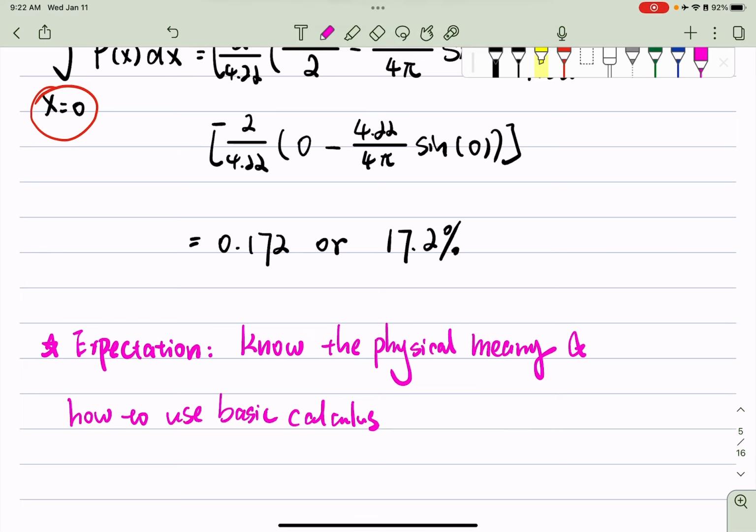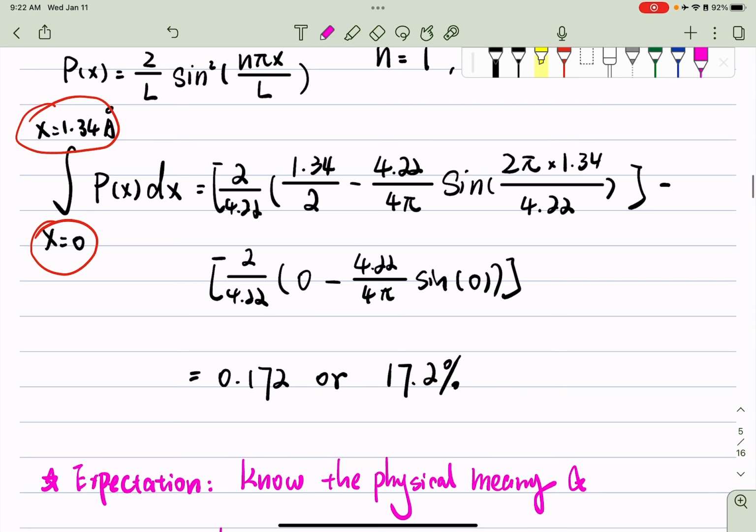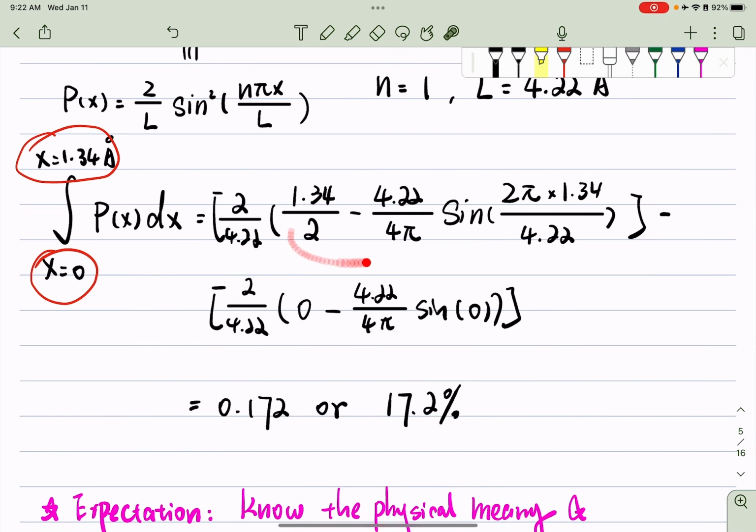Okay, yes? Do you have to take into account that L is 4.22 angstrom? Yes, so here is the thing. What you didn't see is that in this equation we're also integrating against x. So everything is in angstrom, and x is also in angstrom.